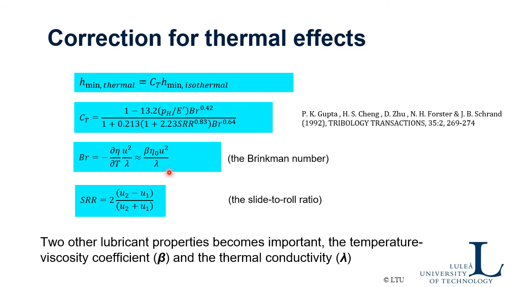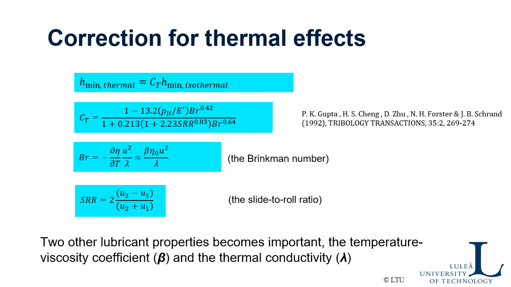The Brinkmann number is given by this expression. You need the temperature viscosity coefficient beta, the viscosity under atmospheric pressure, the entrainment speed, and the thermal conductivity. So the higher the Brinkmann number is, the lower the CT will be, so the more heating you will have.